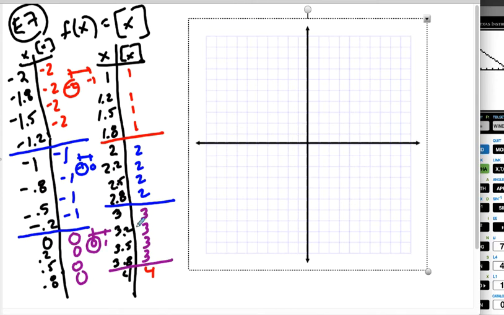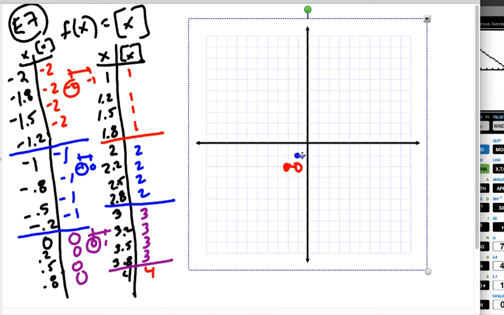So what we had here was at -2, I should have a y value of -2, right? So right here. And then it should be at -2 up to anything really, really, really close to -1, but not actually -1. The second I actually hit -1, this graph's going to jump up and have a closed dot at -1.